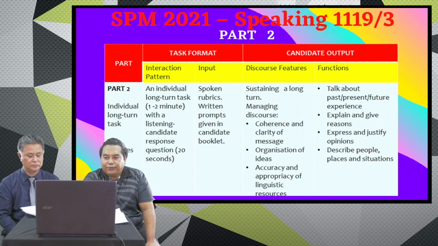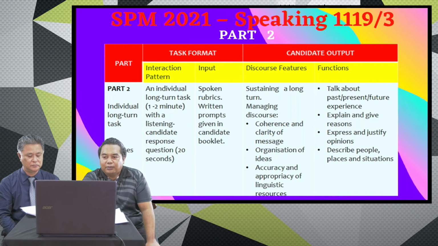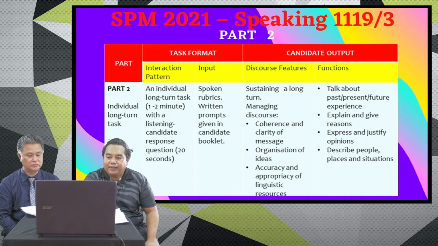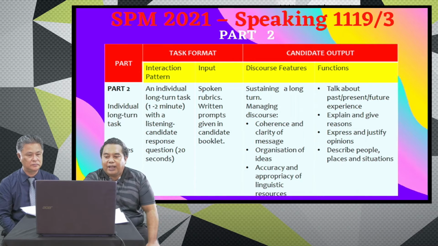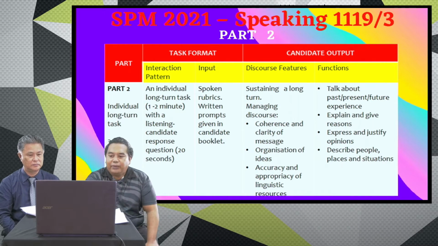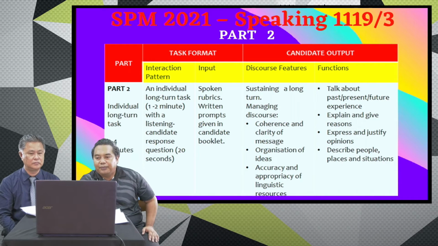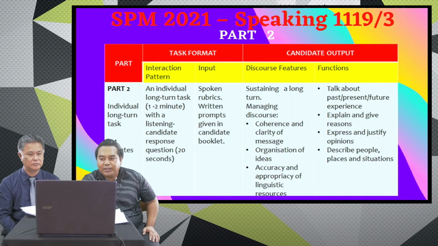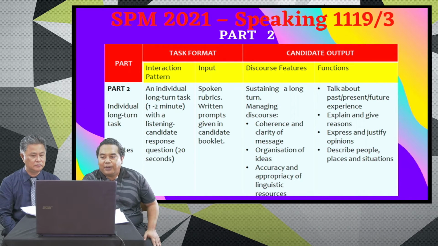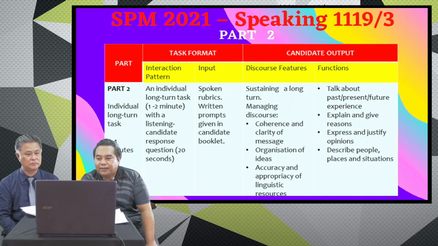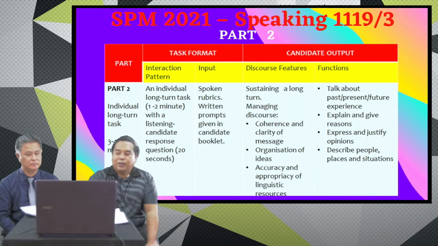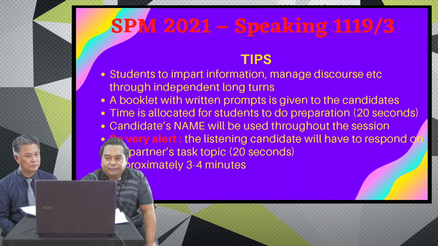Discourse features: sustaining a long turn, managing discourse, coherence and clarity of message, organization of ideas, accuracy and appropriacy of linguistic resources. Function: talk about past, present, future, experience, explain and give reasons, express and justify opinions, describe people, places and situation. Okay, we will look at an example later.